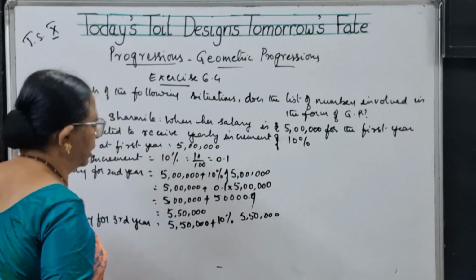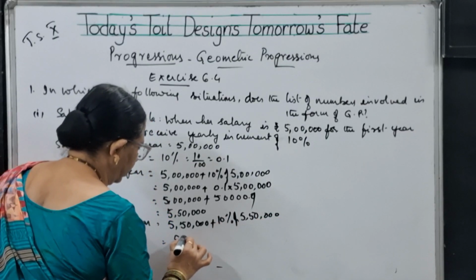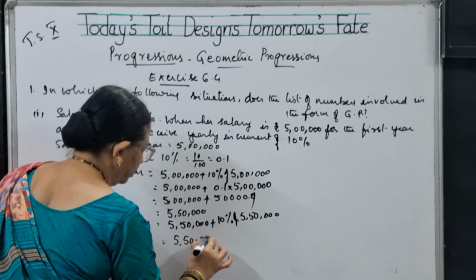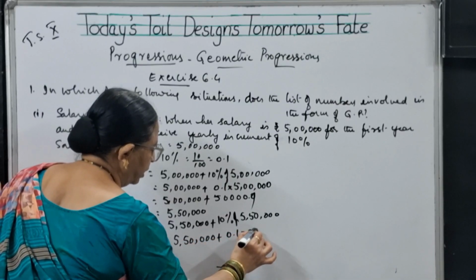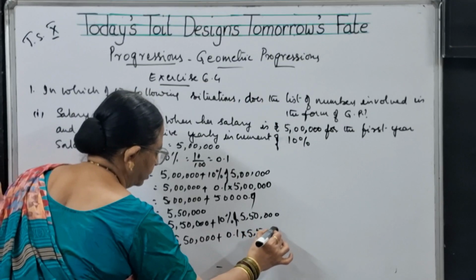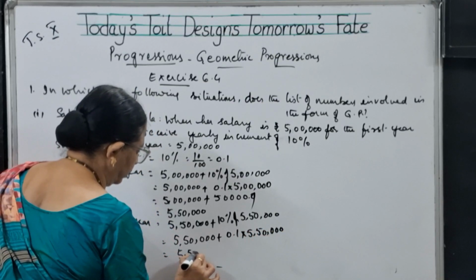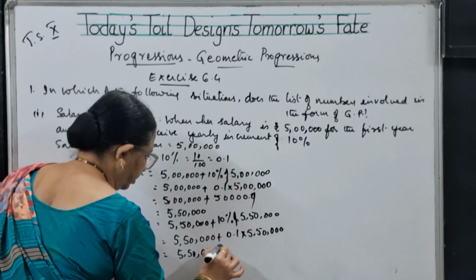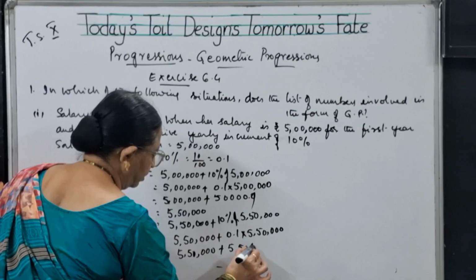That means 5,50,000 plus 0.1 into 5,50,000.